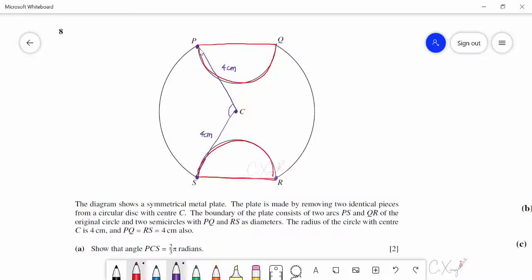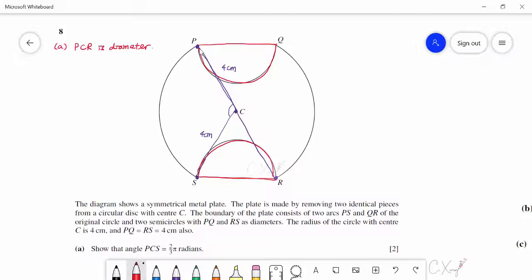So if I draw a line that connects P, C, and R, we know that PCR is the diameter of that particular big circle.